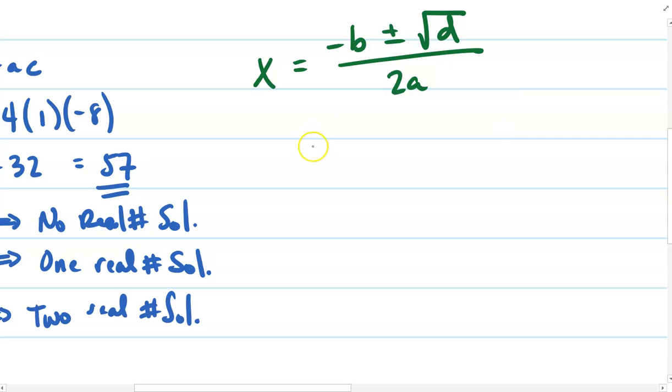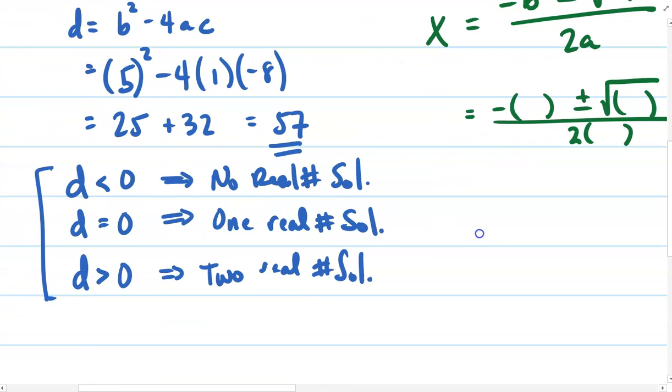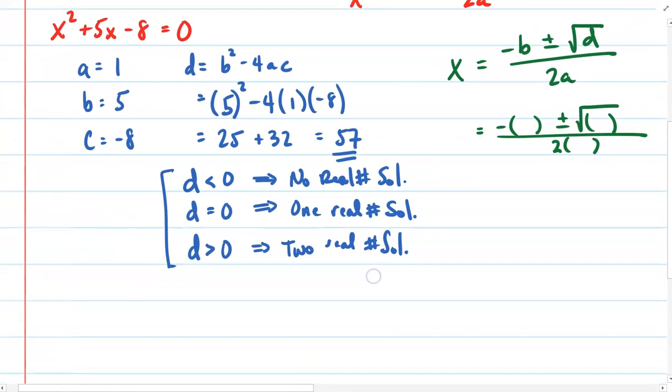So now I want the opposite of b plus or minus the square root of the discriminant, all divided by 2 times a. So consulting my notes from a moment ago, we know that our b value is 5, our discriminant value is 57, and our a value was 1.